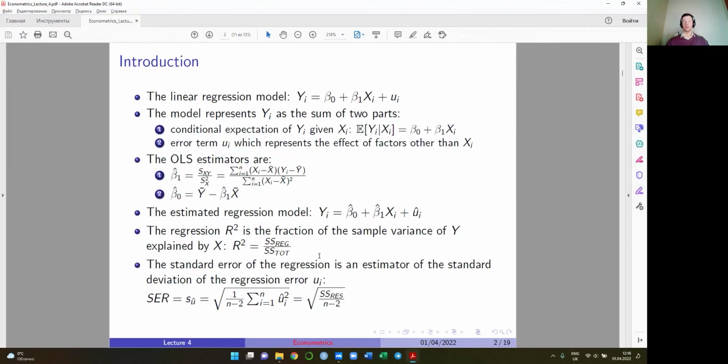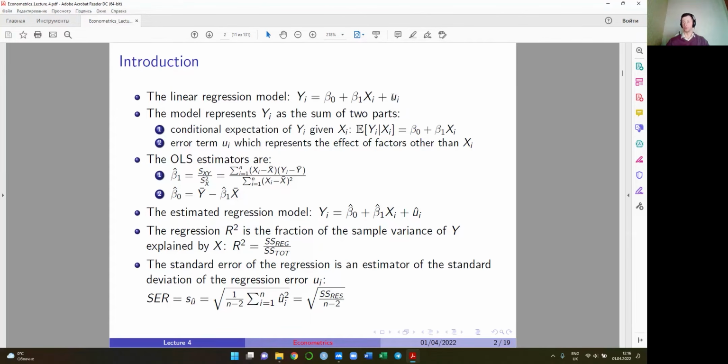And finally, we concluded the last lecture with the estimator of the standard deviation of the regression error. Why do we want to know the standard deviation of this error? Because it gives us some understanding of the precision.